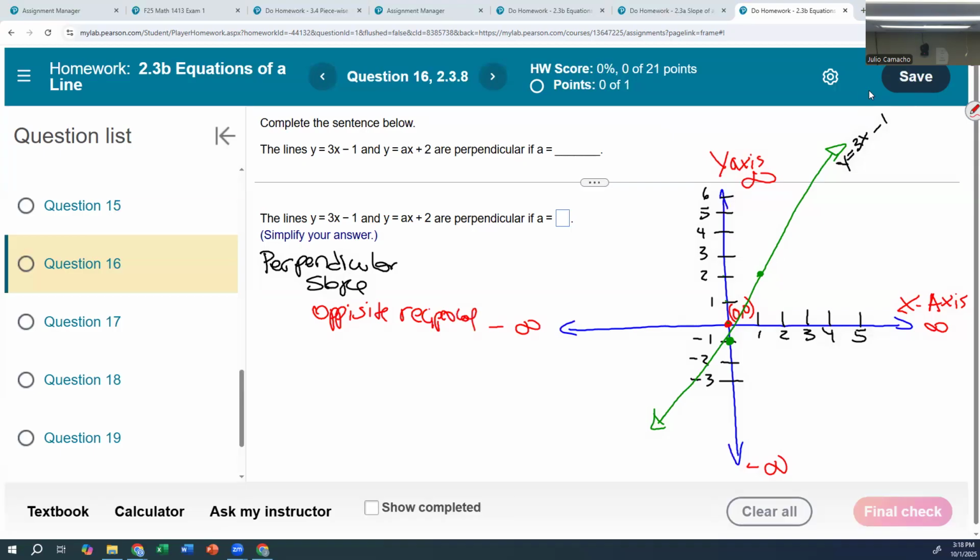So how I find my slope is the opposite reciprocal.